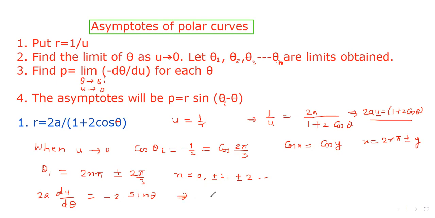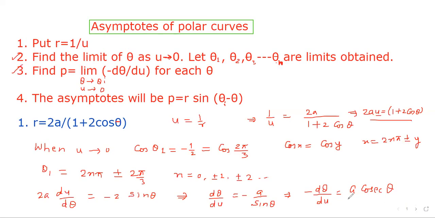So we get d theta upon du equal to minus a upon sine theta, or minus d theta upon du equal to a cosec theta. Now, the second step we have obtained. Now let's go to the third step.